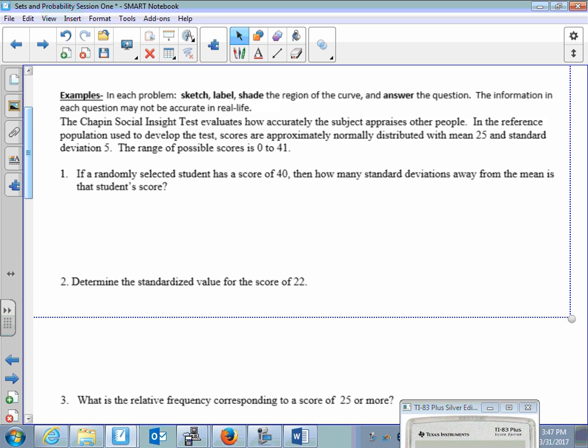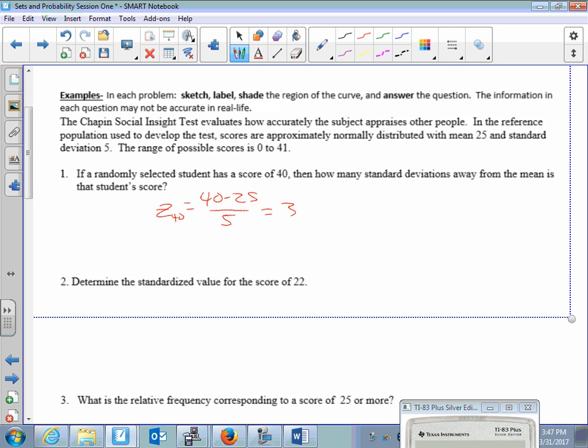If a randomly selected student has a score of 40, then how many standard deviations away from the mean is that student's score? All right, well, we would use the z-score of 40 would be 40 minus 25 over 5. And 40 minus 25 is 15. 15 over 5 is 3.